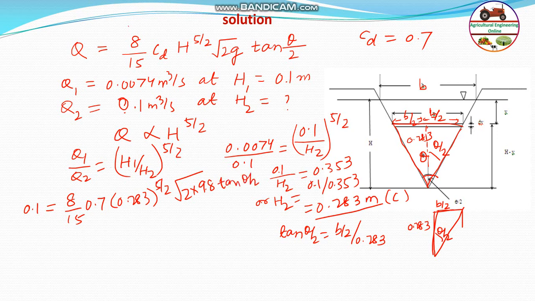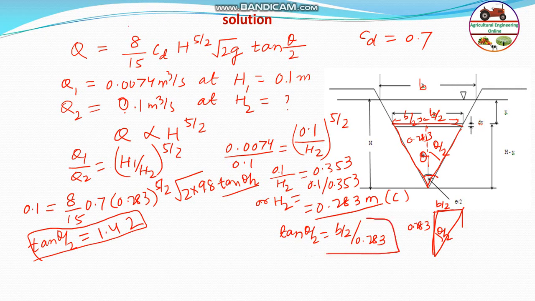Everything else is known, so tan theta by 2 will be equal to 0.1 divided by everything, therefore it will be 1.42.